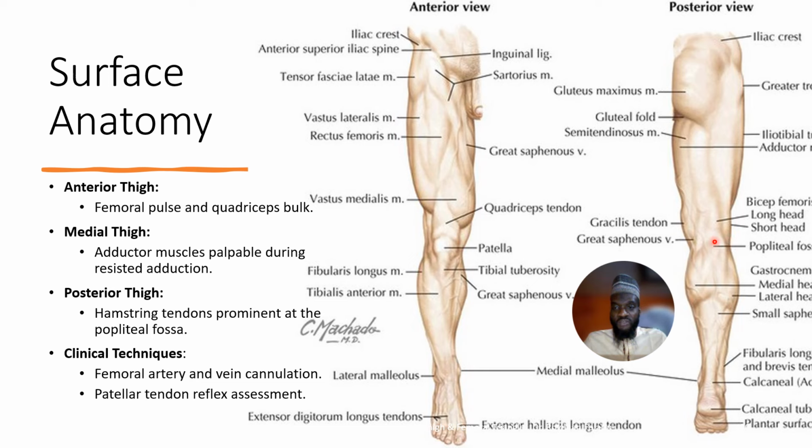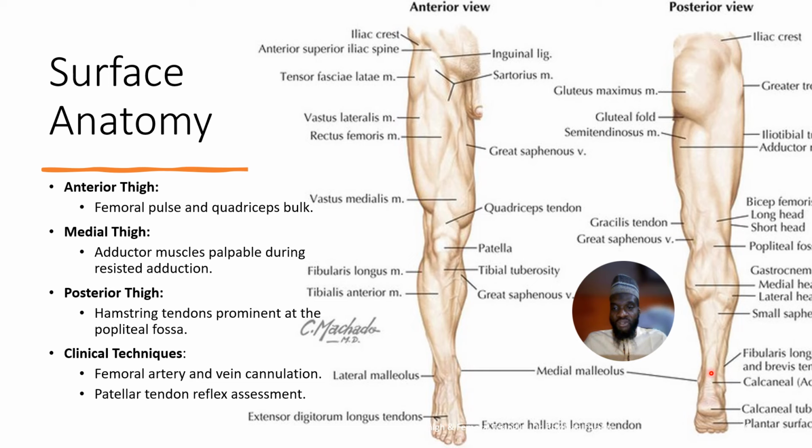Then you have the popliteal fossa here, and the gracilis muscle, which we talked about, its tendon found here on the medial end. Then you have the great saphenous vein on the posterior medial region of the thigh. Here are the gastrocnemius muscles, the medial head and the lateral head. You have the small saphenous vein, and then the fibularis longus and brevis tendons.